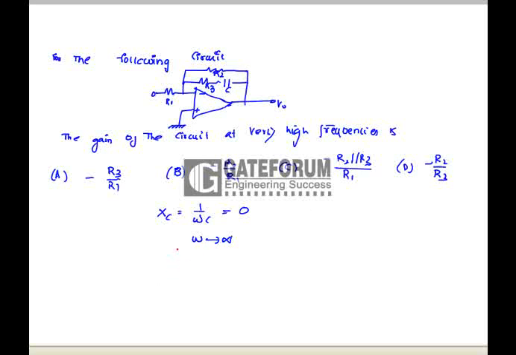So now at high frequencies the network becomes a simple inverting amplifier whose gain is feedback resistance divided by input resistance, that is R1. So gain is nothing but minus the feedback resistance, which is the parallel combination of R2 and R3, divided by the input resistance R1. Hence option C is correct.